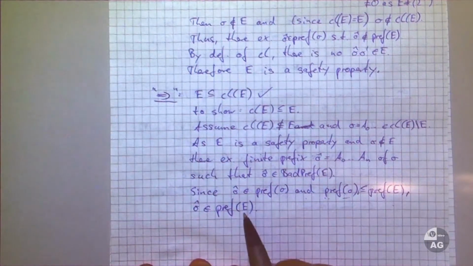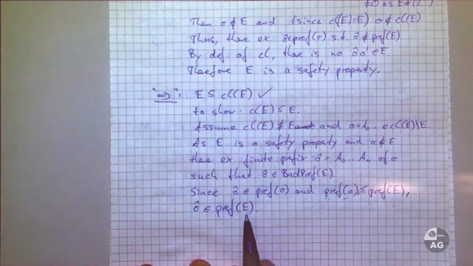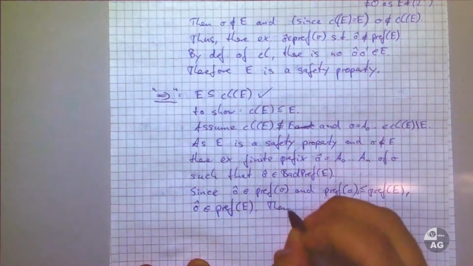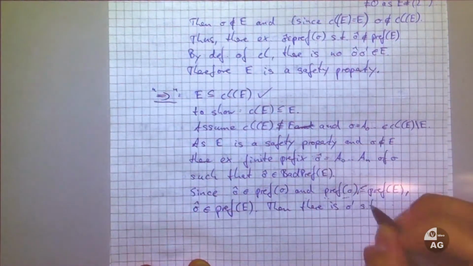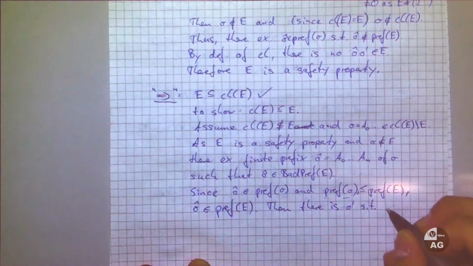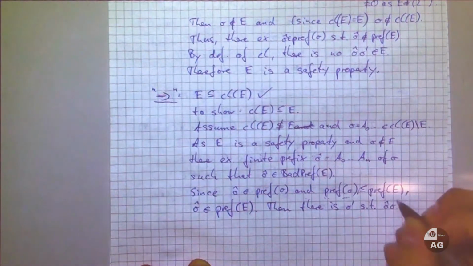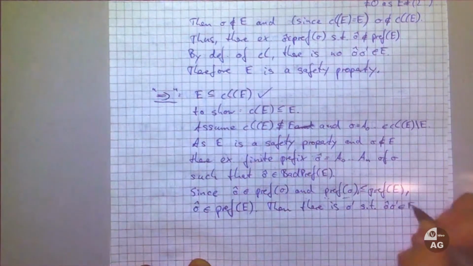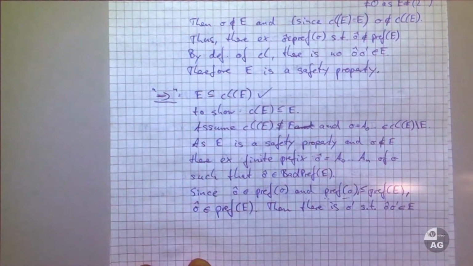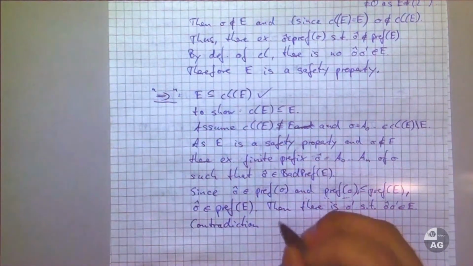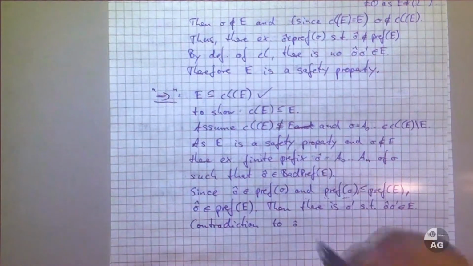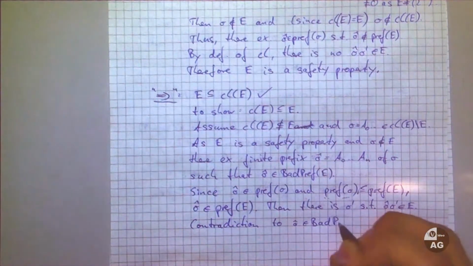But if it's in the prefixes, what does that mean? It means there is an infinite word such that sigma head is the prefix of this infinite word. And there is a sigma prime such that sigma head continued with sigma prime is in the property E. Otherwise, sigma head would not be a prefix of E. But this is a contradiction to the fact that sigma head is a bad prefix of the property.